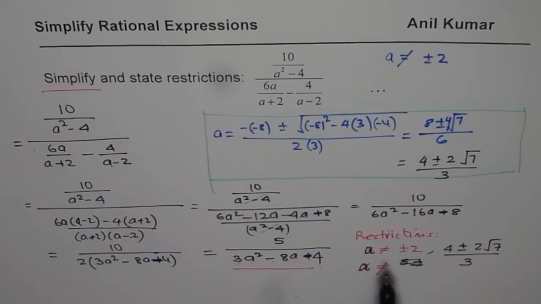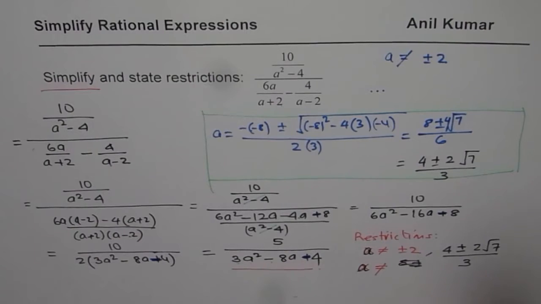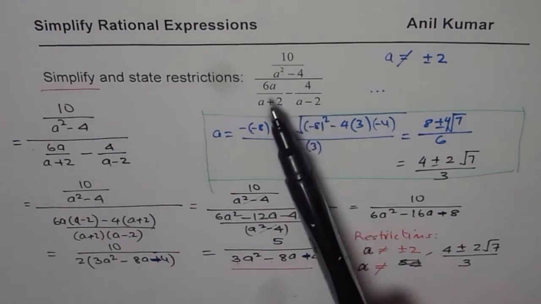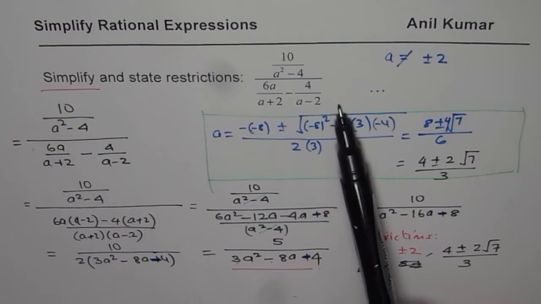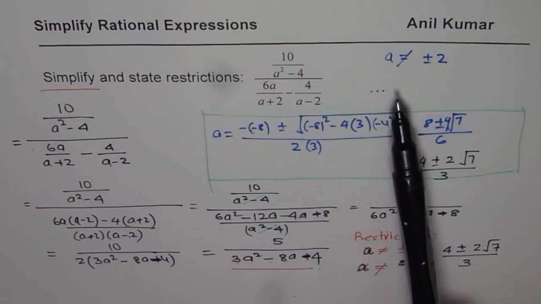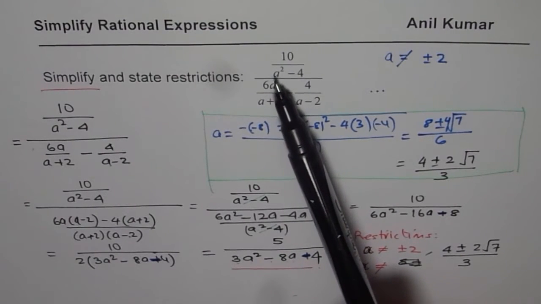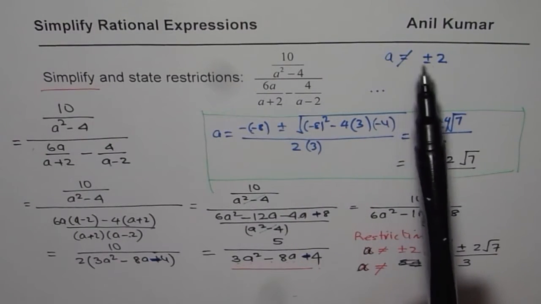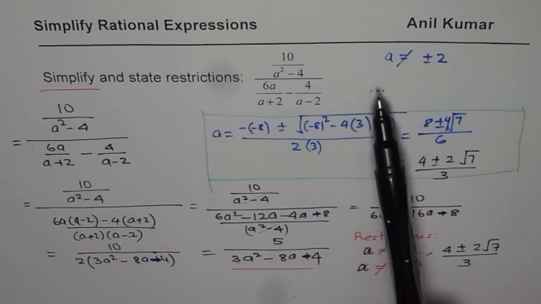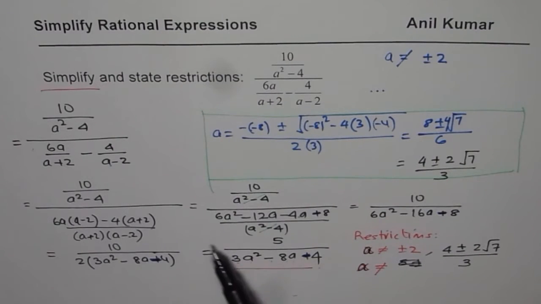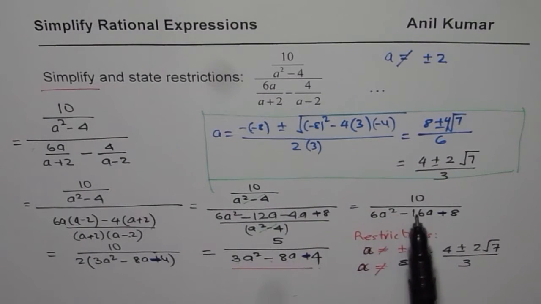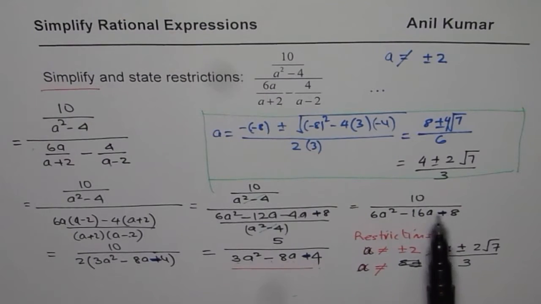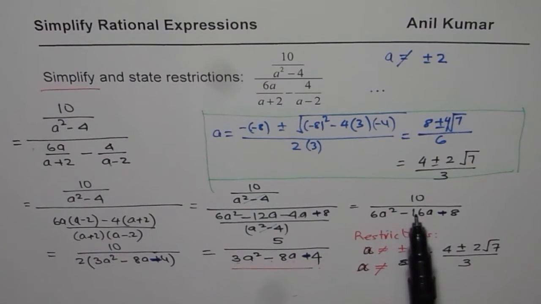I'd like you to go through this video once again. First, when we begin with a rational function, we know that the denominator cannot be 0. The denominator here is a square minus 4, the product of a plus 2 and a minus 2. That leads to 2 restrictions. Now you can simplify. After simplifying, we get a simplified denominator. We'll equate that also to 0, since that is also part of the restriction, correct?